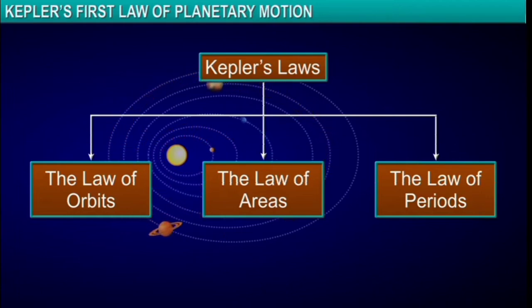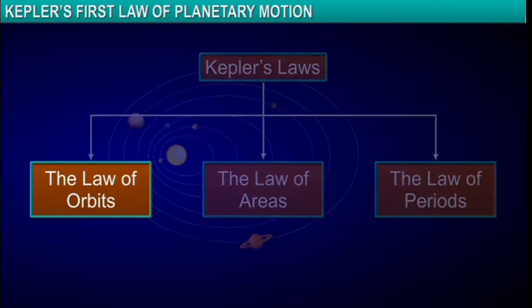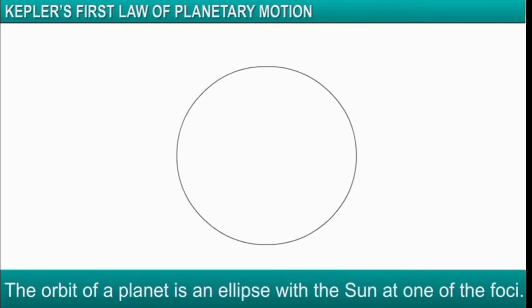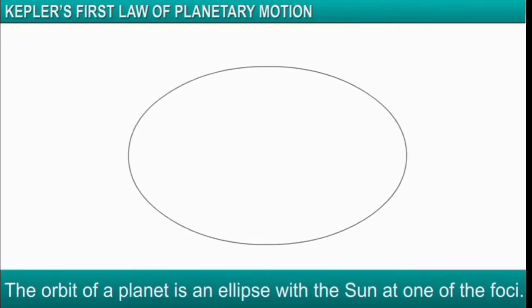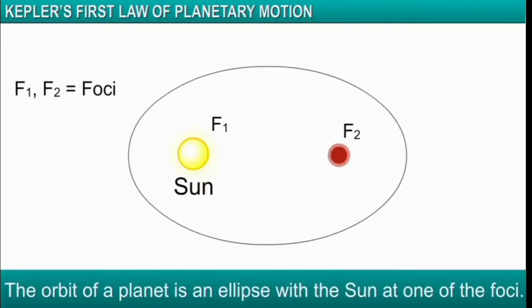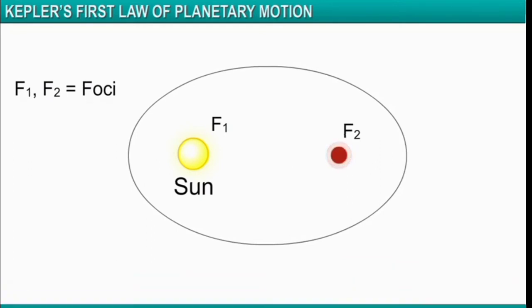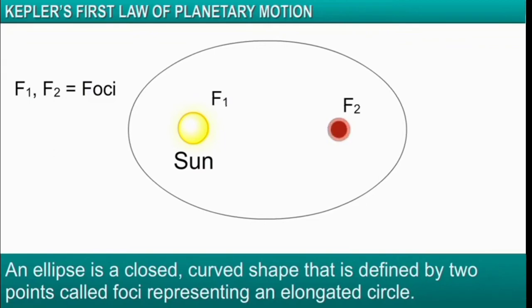Kepler's first law, the law of orbits, states that the orbit of a planet is an ellipse with the Sun at one of the foci. An ellipse is a closed, curved shape that is defined by 2 points, called foci, representing an elongated circle.